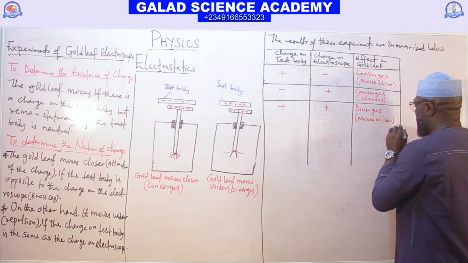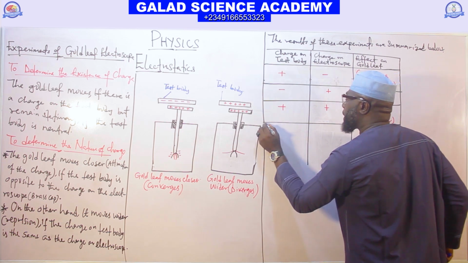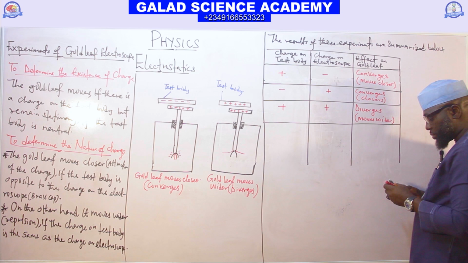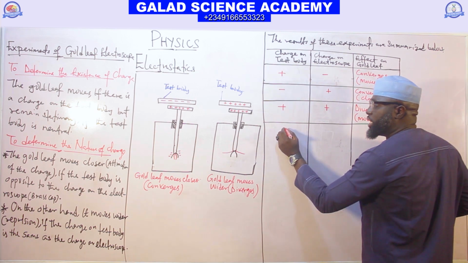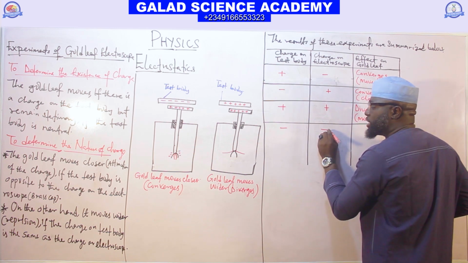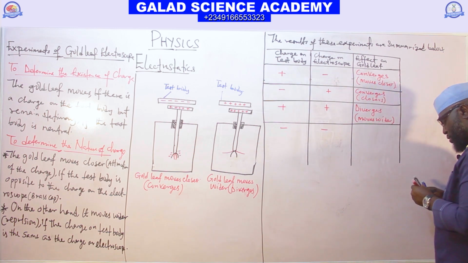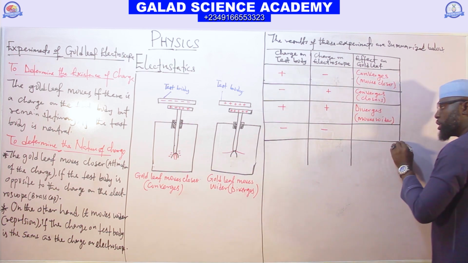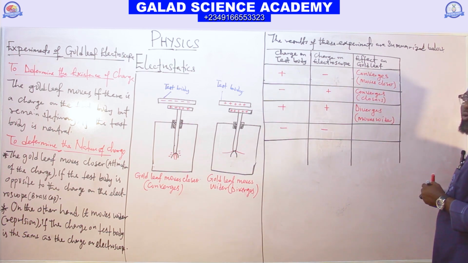So again, if you have a situation in which the electroscope is negative, and the test body is also negative, what will happen to the effect on the leaf?